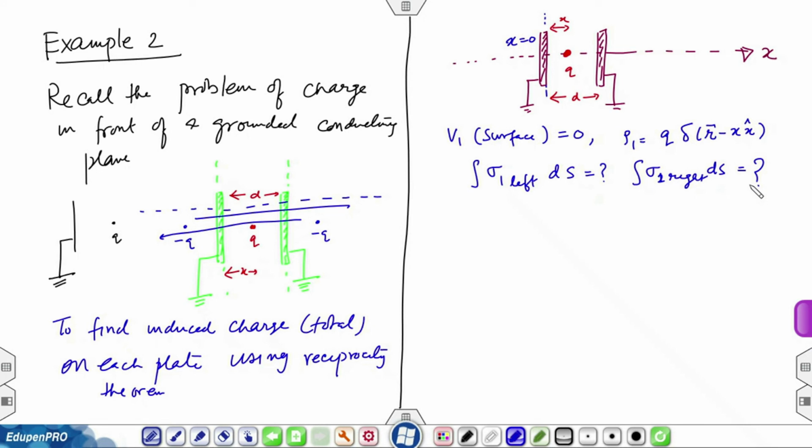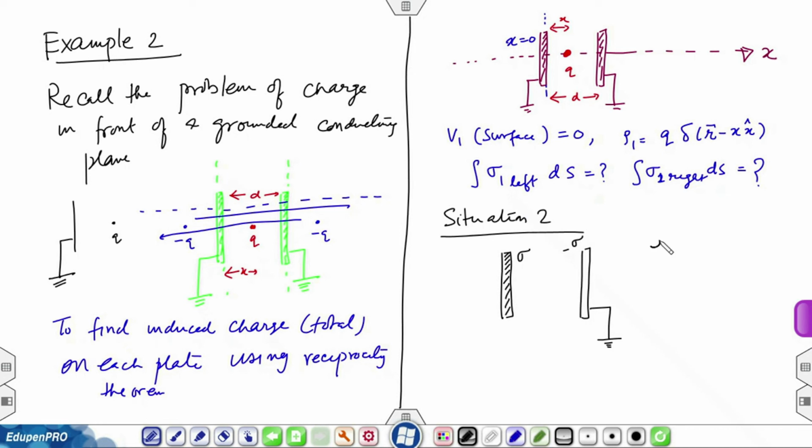This is situation 1. Let us create another situation. So, situation 2. What I will do is, I will take the left plate and not ground it, and the right plate I still will ground it, and put some charge density sigma per unit area on the left plate, which will induce a charge density minus sigma on the right plate.